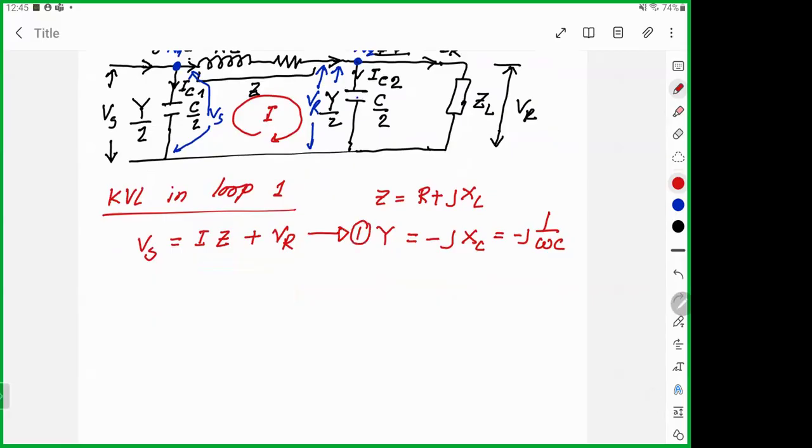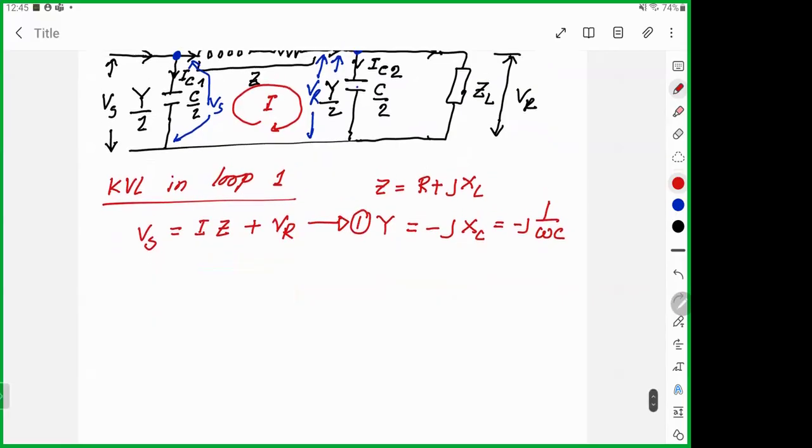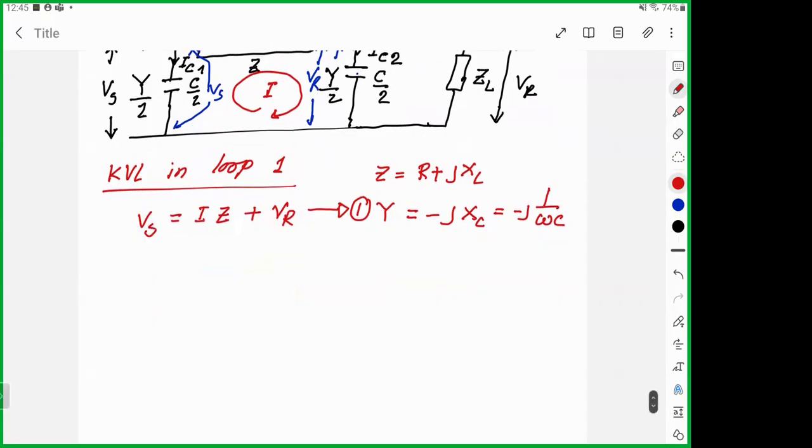Then we'll work with this one because I have VR and this I has to be replaced with IR. Then I will have a relationship of VS represented with IS, IR and VR.